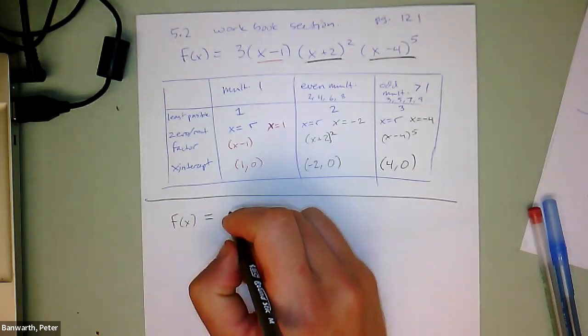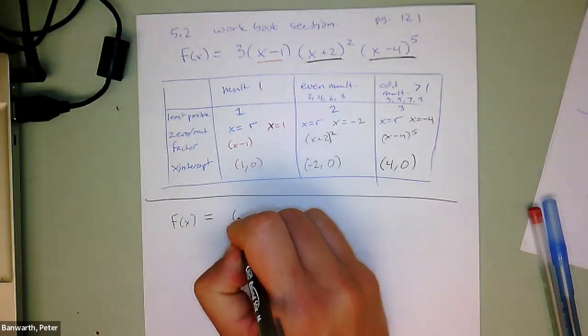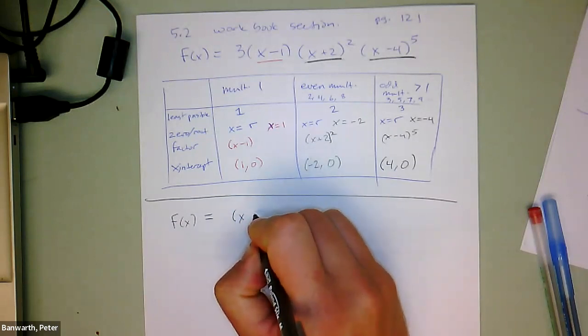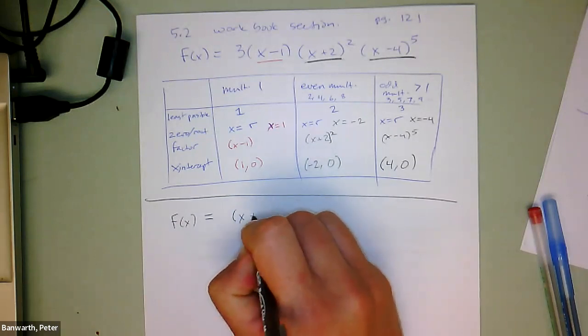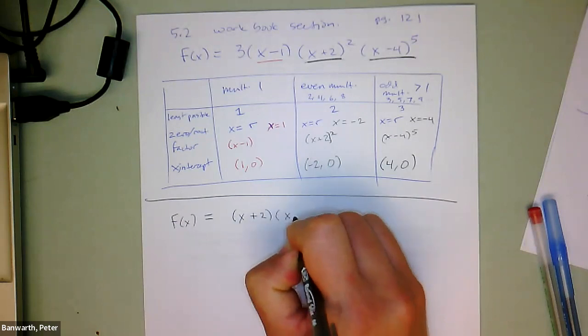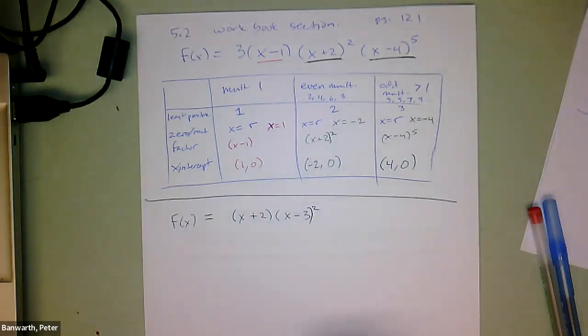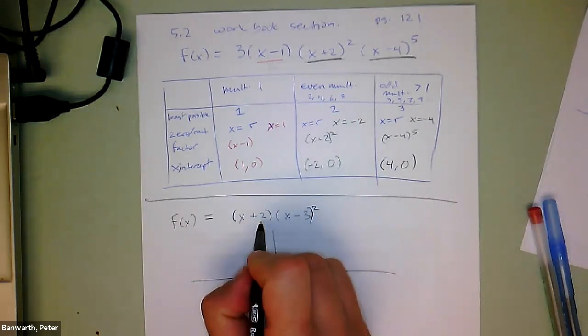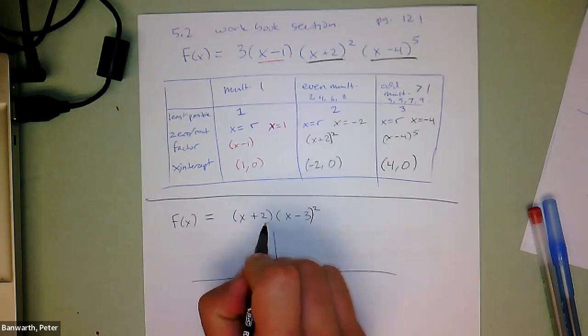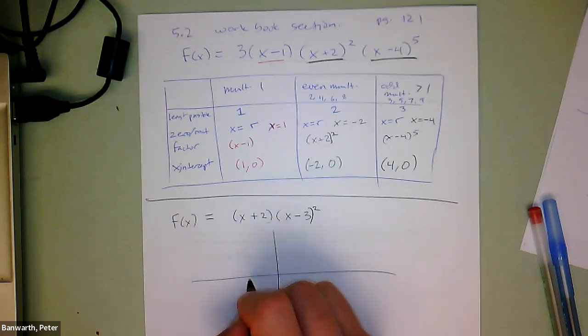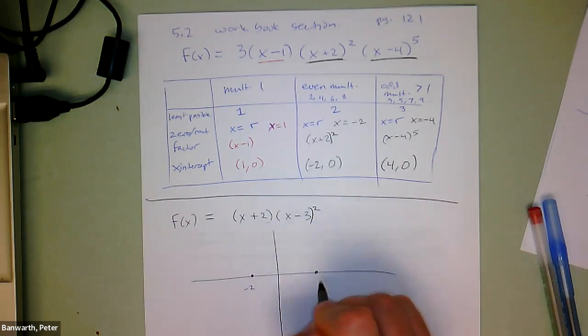So let's say I have a basic x plus 2 times x minus 3 squared. And I want to know what to expect. Well, the first thing to do is to look at my factors and figure out the roots. There's going to be a root at minus 2, and there's going to be a root at positive 3.